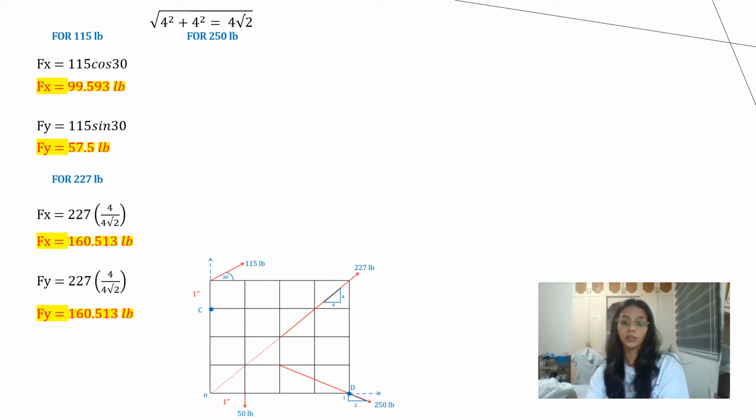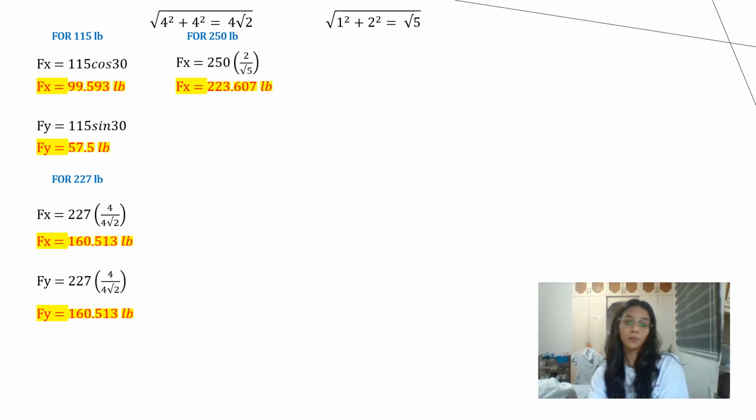For our 250 pounds, we also need to solve the slope. The square root of 1 squared plus 2 squared is equal to the square root of 5. So for our Fx, we have 250 times 2 over square root of 5, so our Fx is 223.607 pounds.